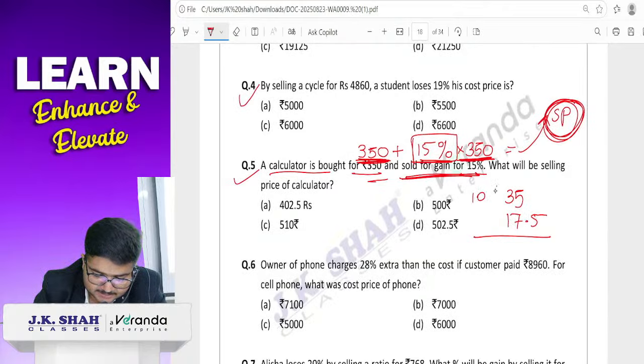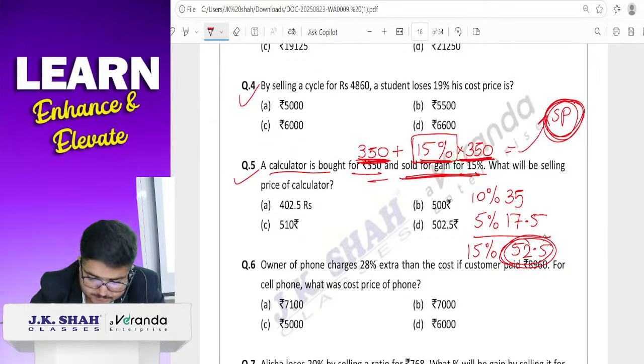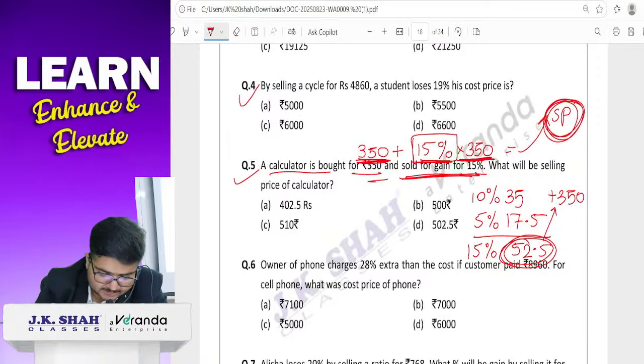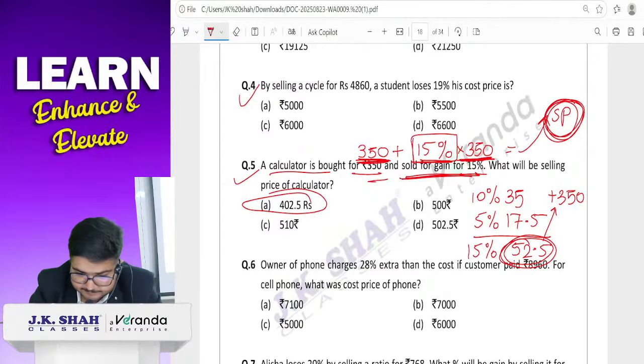This is 10%, this is 5%. Add, then you will get 15%, which is 52.5. But mind you, this is the profit only. You just have to add this to 350. So your answer will be 402.5.